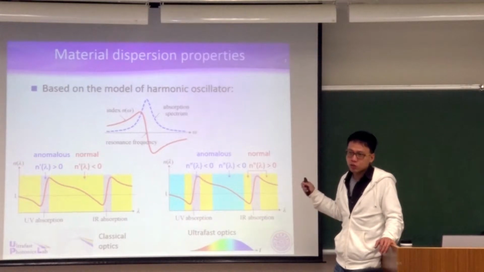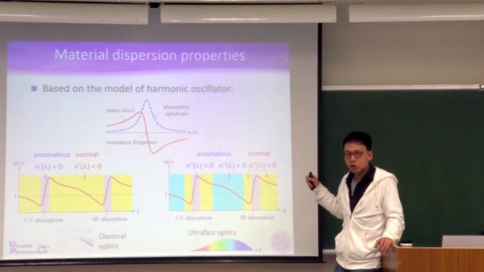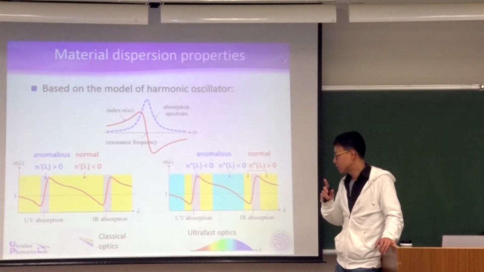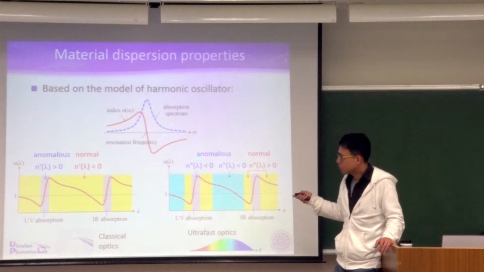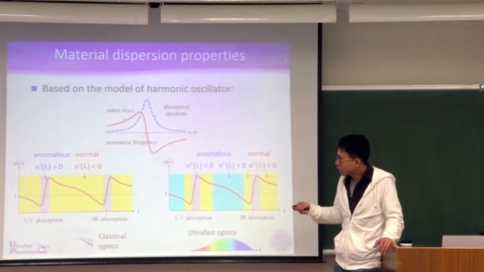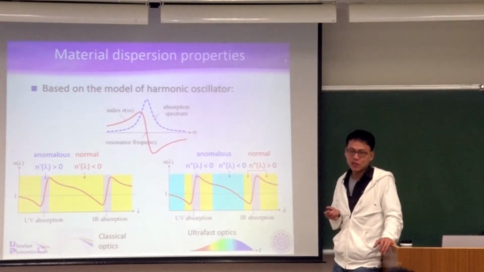The beta 2 coefficient is proportional to n double prime instead of n prime. So whether it's up chirp or down chirp depends on the second order derivative or curvature of the index curve. So different definitions, different results. Okay, any questions?